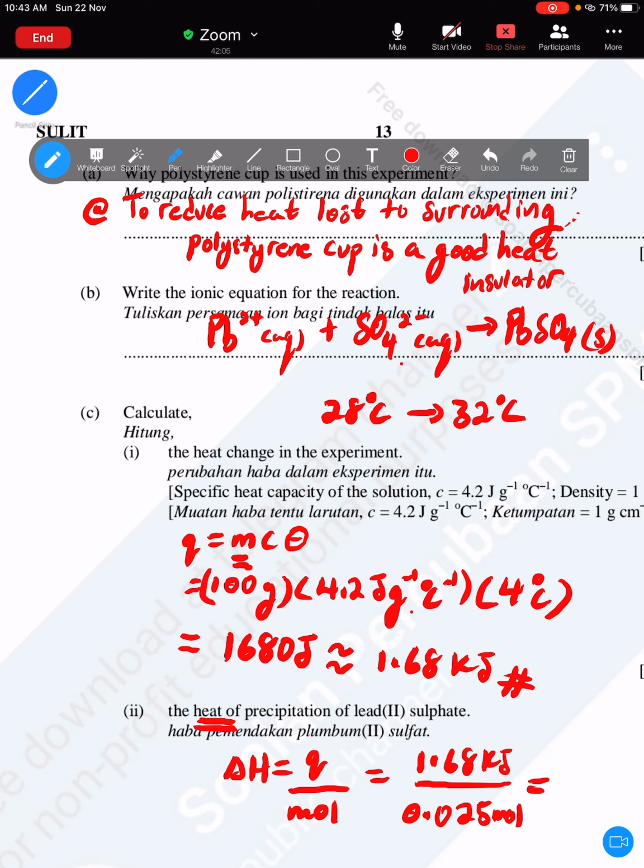And what is the answer? 67.2 kilojoule over mole, and this is exothermic. You must include the negative over there.